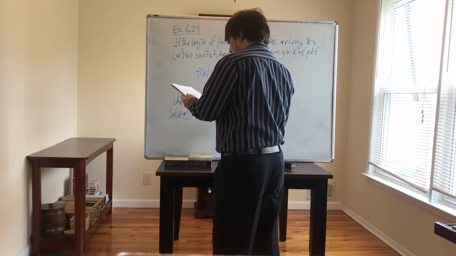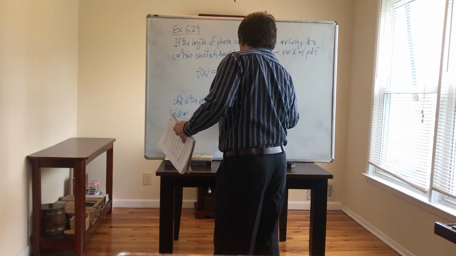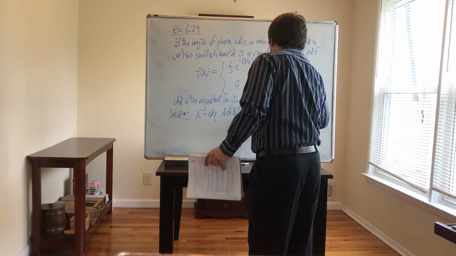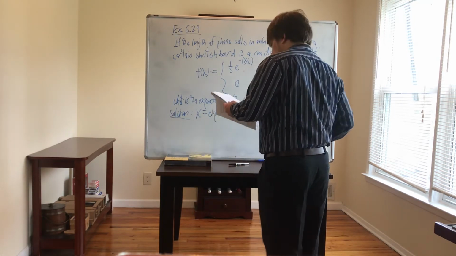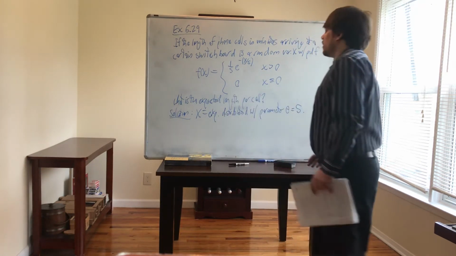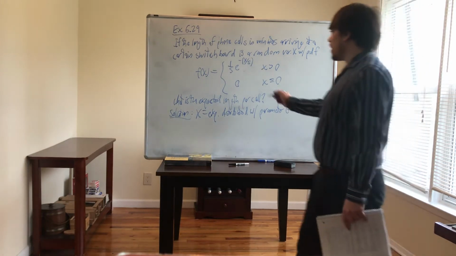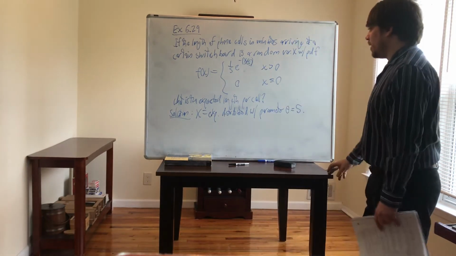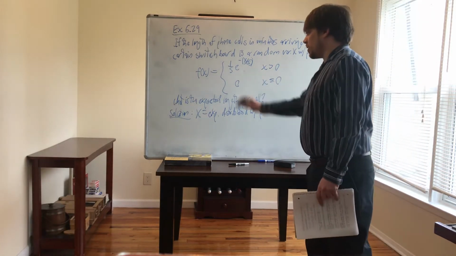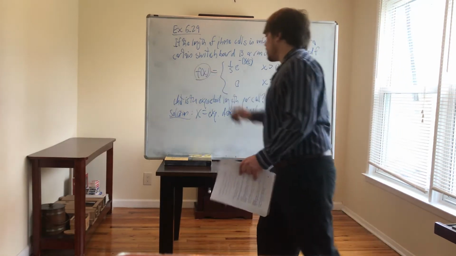So X is exponentially distributed with parameter theta equals 5. Okay, so we get the value of the parameter from here, right? And we see it's an exponential function. It's an exponential random variable from the definition of the PDF f of x.